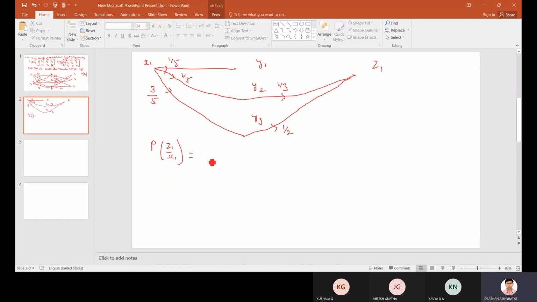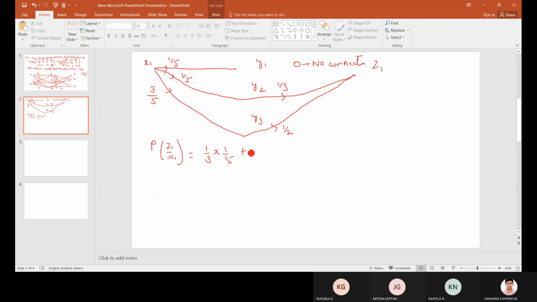P of z1 by y2 is 1 by 3, but there is no connection between z1 and y1, so we leave it as 0. This is 1 by 3 into 1 by 5.